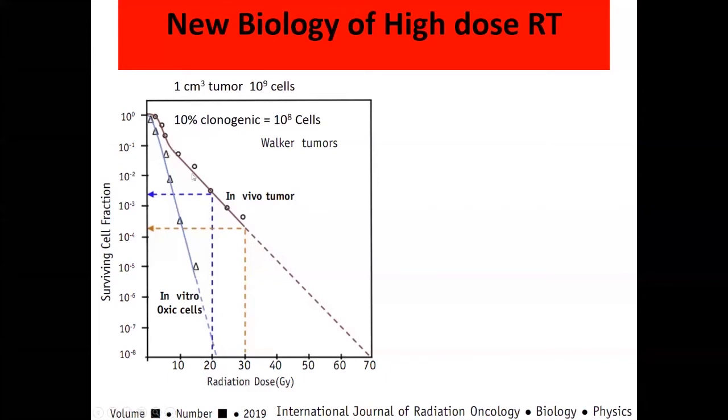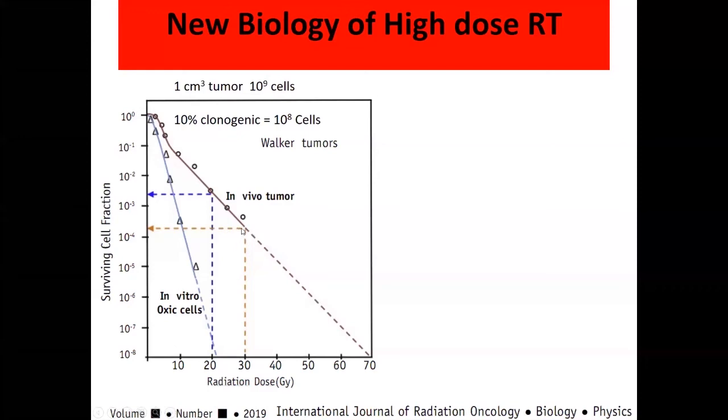So this is the cell survival curve generated in the laboratory. Now you see, to get the 8 log reduction, you need 70 gray, even if you are delivering a single fraction, based on this cell survival curve generated in the laboratory. But we know that 20 or 30 gray in a single fraction results in excellent tumor control.